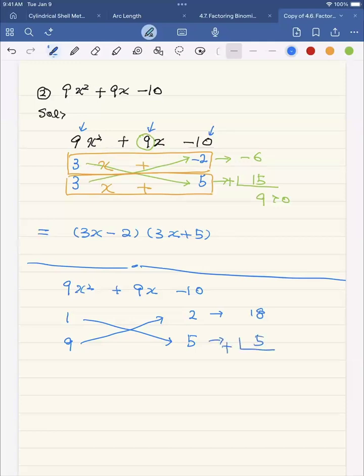And when we add them up, we have to get 9. And this is negative 10, and 9 is a positive number, so we have to put minus on the 2, 5. And then we realize that is not 9. So this is not correct. This is a wrong combination. Then you will have to repeat the process until you get the correct combination, as I did here.